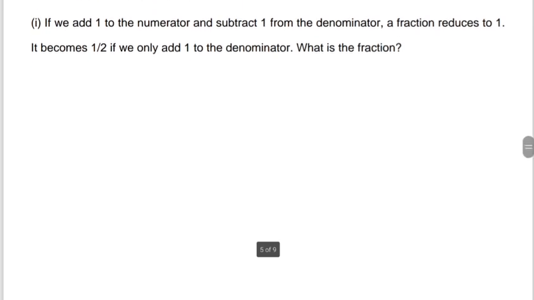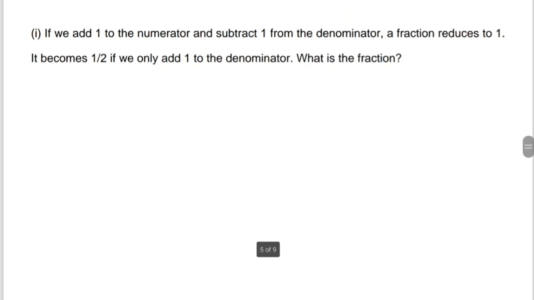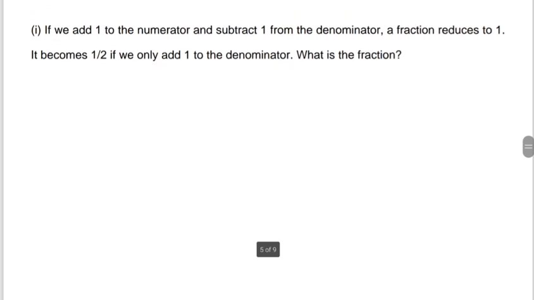If we add 1 to the numerator and subtract 1 from the denominator, a fraction reduces to 1, and it becomes 1 by 2 if we only add 1 to the denominator. So there is a fraction that is x by y. Let us assume the fraction to be x by y, with numerator x and denominator y.